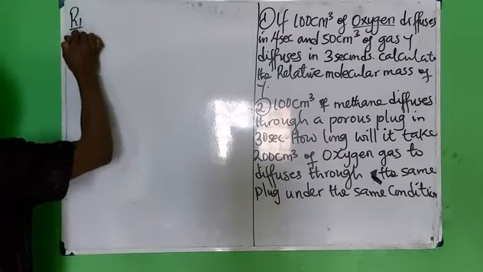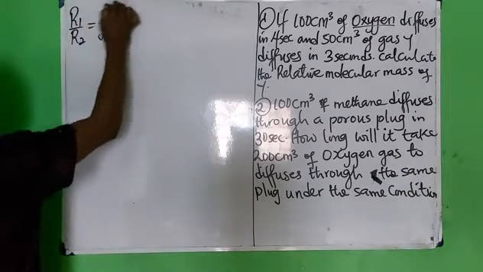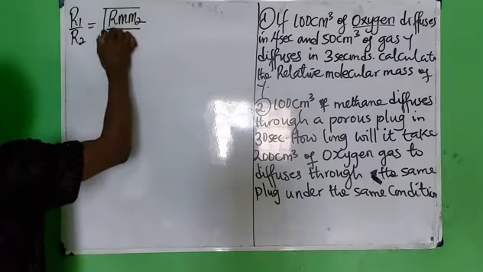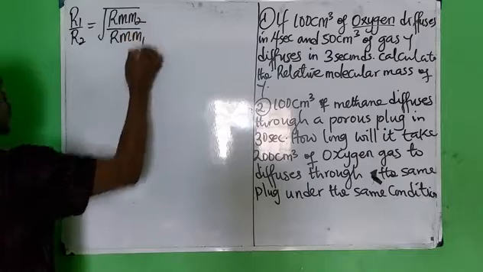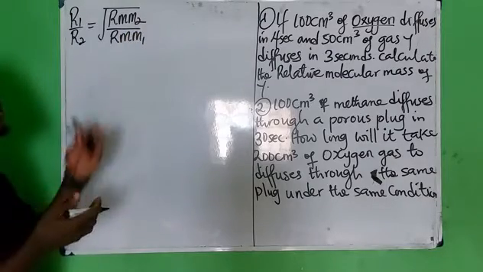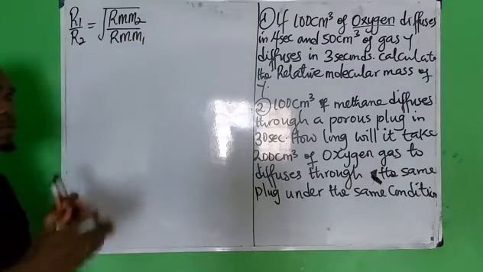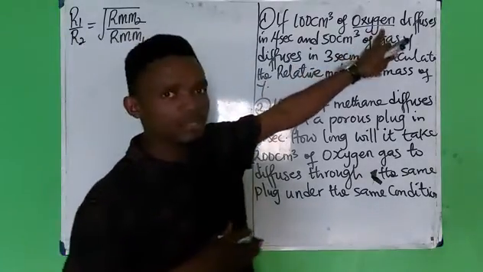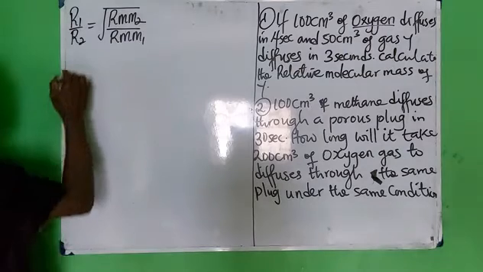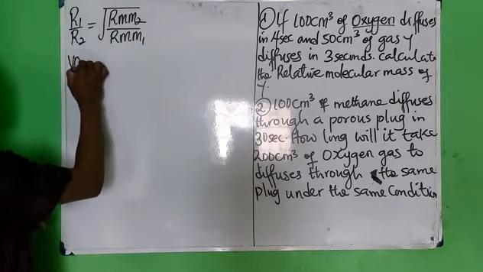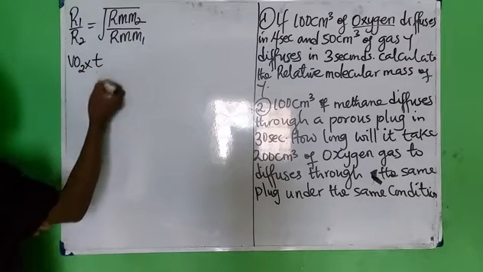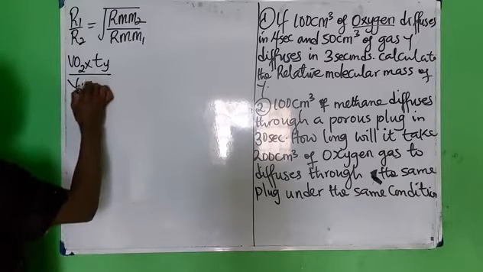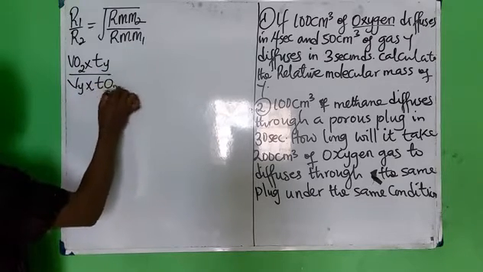In our previous video, I gave us that R1 over R2 is equal to the square root of relative molecular mass of 2 over relative molecular mass of 1. Alright? What we have here is volume and time. In other words, oxygen was given first. So I would say volume of oxygen times time of Y over volume of Y times time of oxygen.